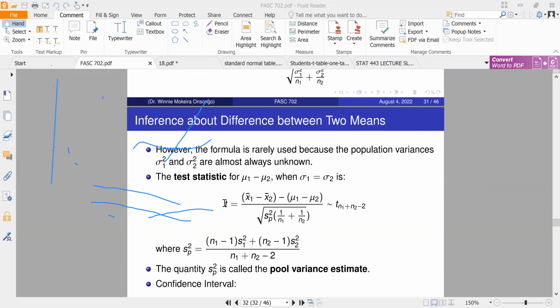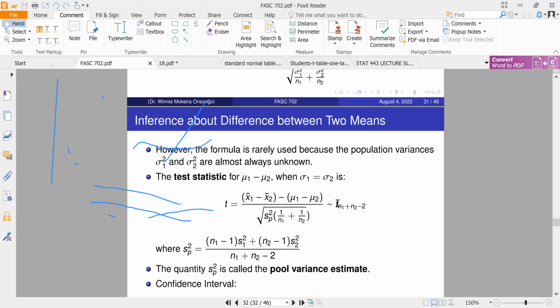You realize that now here we are having T. This test statistic T is used when N1 plus N2 are less than 30, or when we do not know the corresponding standard deviation. If we do not know it, we have to use the sample standard deviation or sample variance. So we have to calculate S squared so that we can use it in this form.